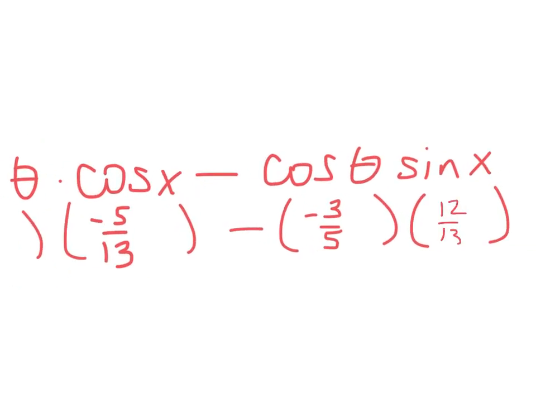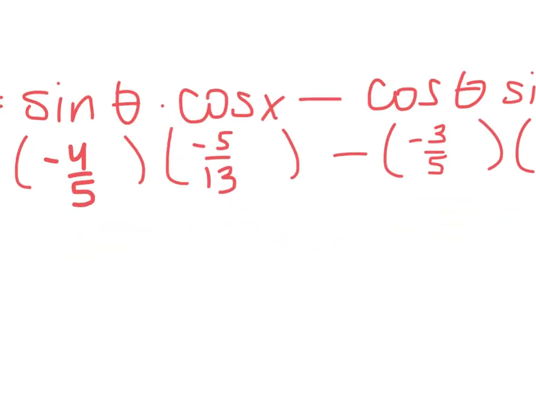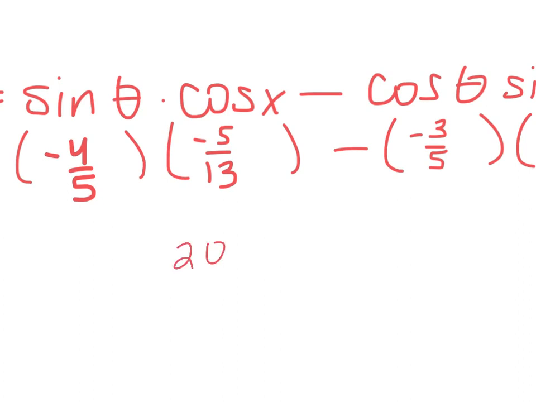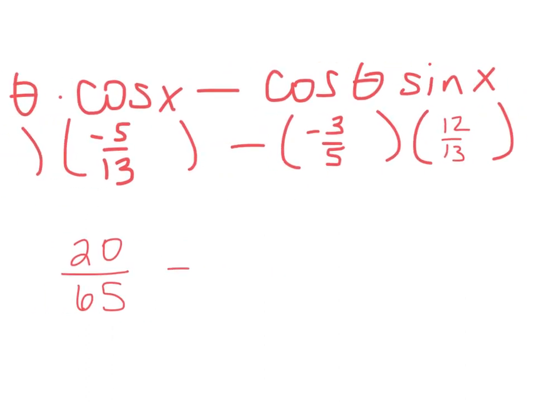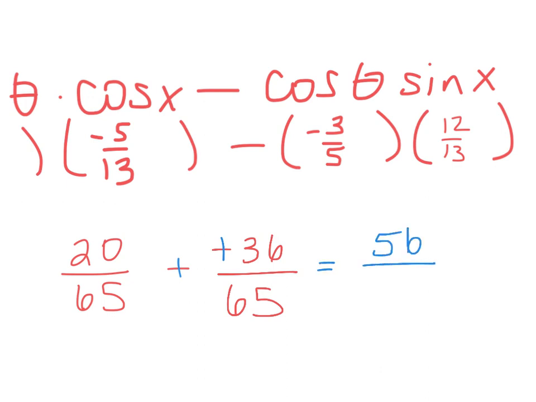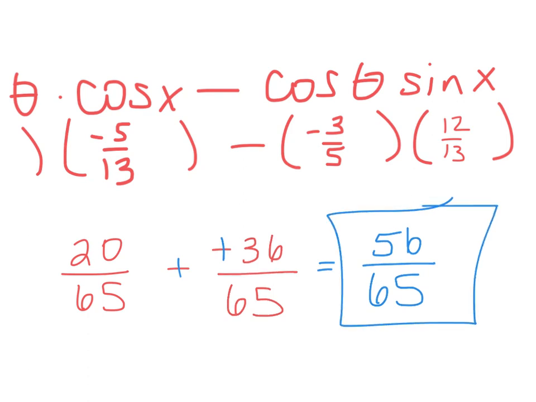And now we simplify. Negative 4 times negative 5 is positive 20 over 5 times 13, again, is 65. Minus 3 times 12, negative 36 over 5 times 13, 65. When I have two negatives, that gives me a plus. So 20 plus 36 is 56 over 65. And we can't break that down or simplify it, so it stays just like that.